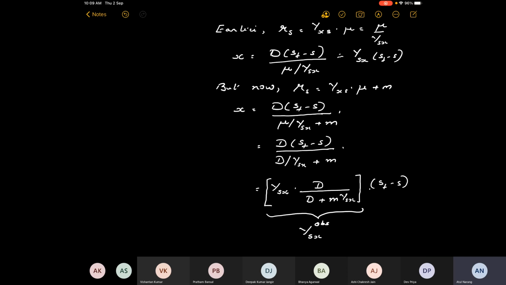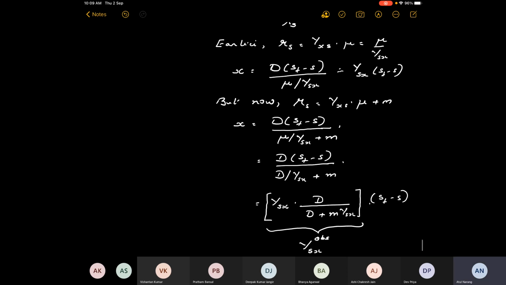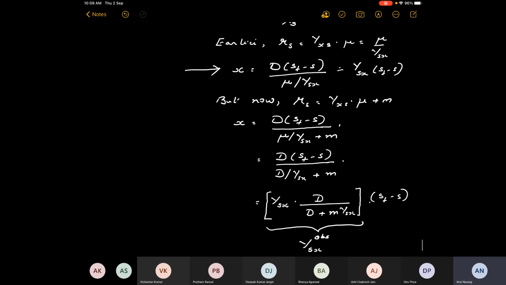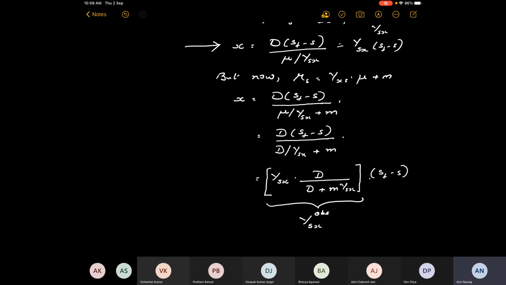Now, basically, what this is saying is, first of all, when I had no maintenance, this was my expression. It was Y_XS, which is the stoichiometric coefficient defining how much biomass is produced per gram of substrate. Now, instead of Y_XS, I have a quantity which is Y_XS multiplied by D divided by (D plus M times Y_XS).